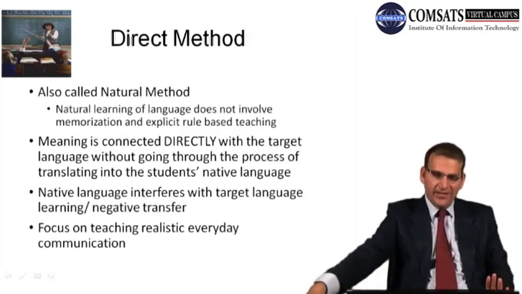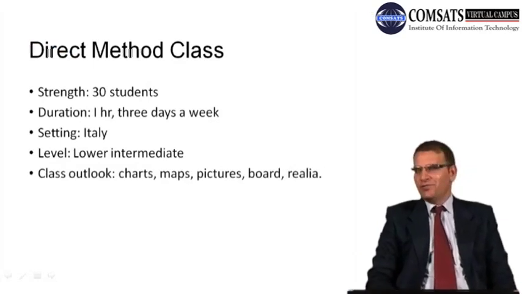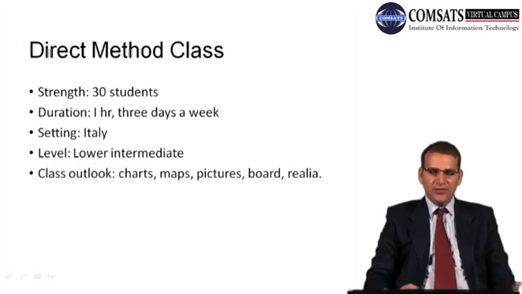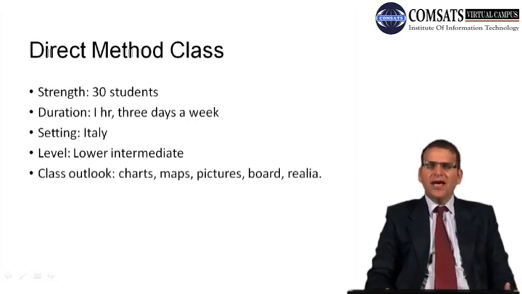Clear? Fine? Very good. Again, the class proceeding, you read this, yes, in that chapter. Read it. A class proceeding is there, and the number of students is 30, and 1 hour, 3 days a week. It is, in Italy, in fact, that we have taken as a model class, and the level is lower intermediate.